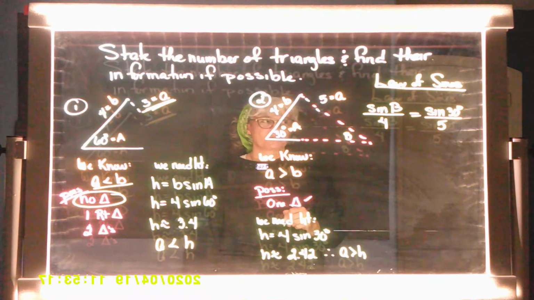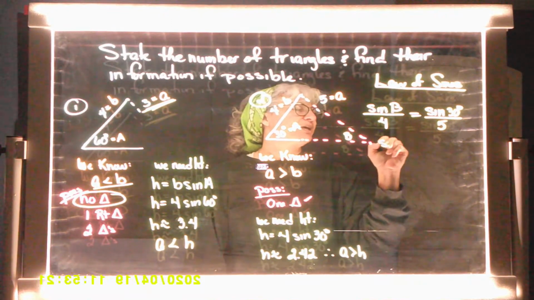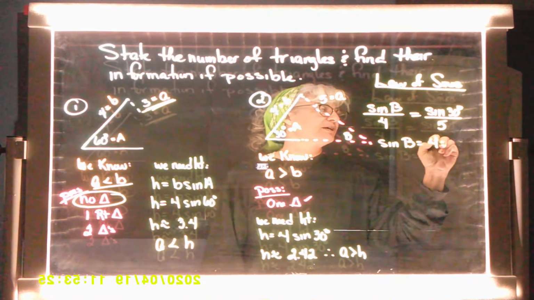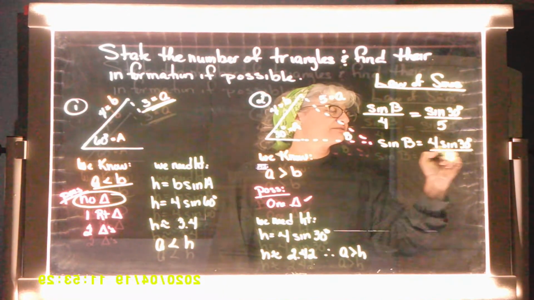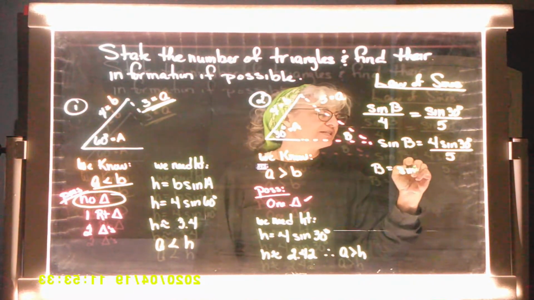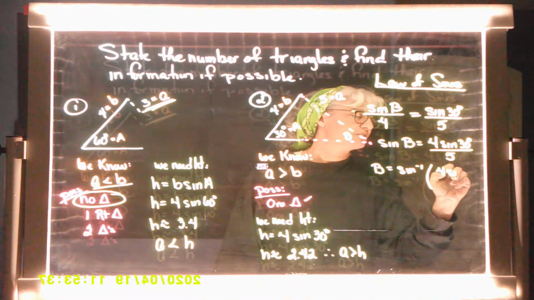Cool? Okay, so we need to do some algebra here, and I would have to do the sine of B equaling 4 times the sine of 30 degrees over 5, and then I would have to take the sine inverse to get rid of it from the B, wouldn't I? Of this wonderful looking fraction.